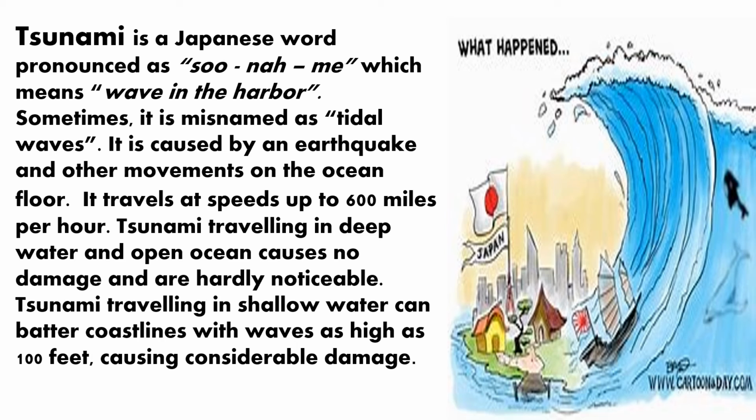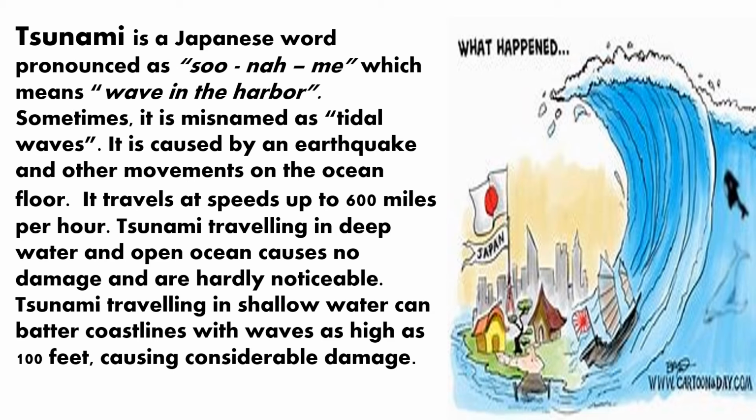A tsunami traveling in deep water in the open ocean causes no damage and is hardly noticeable. A tsunami traveling in shallow water can batter coastlines with waves as high as 100 feet, causing considerable damage. So it is good if a tsunami occurs in an open ocean far away from the harbor, because it is unnoticeable and can cause no damage.